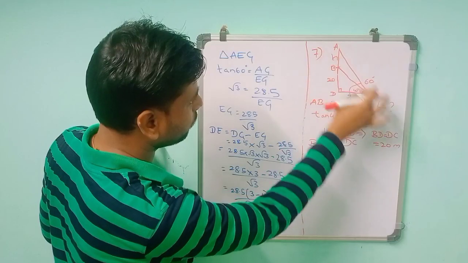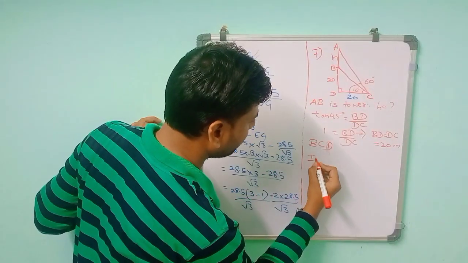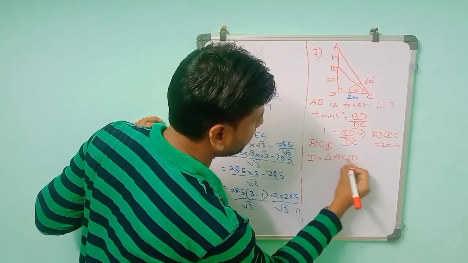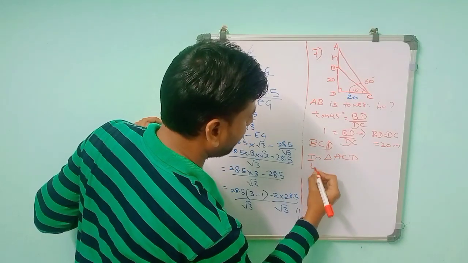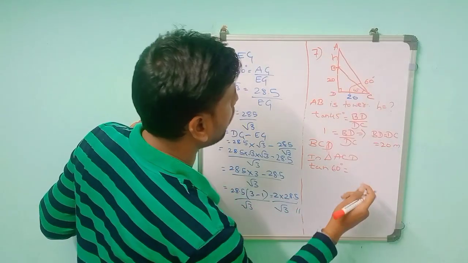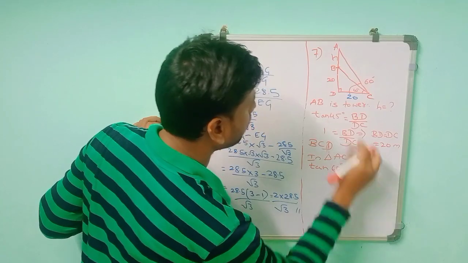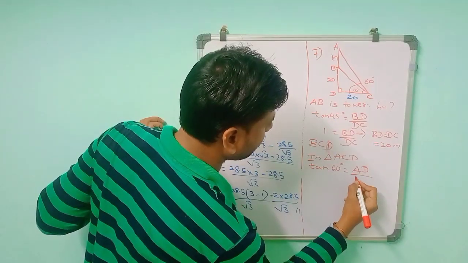For AB you take the whole triangle ACD. In triangle ACD, tan 60 is equal to opposite by adjacent. So opposite is AD divided by adjacent DC.